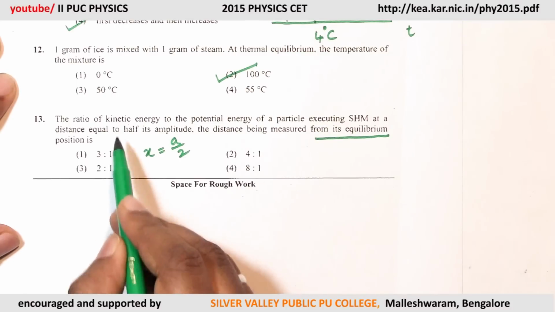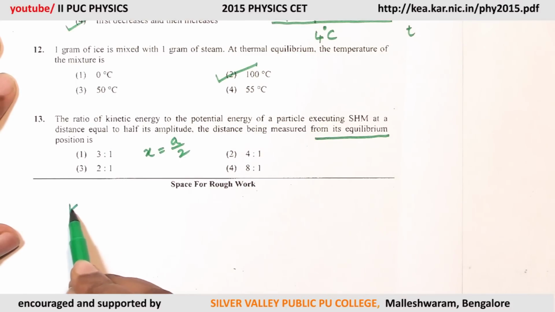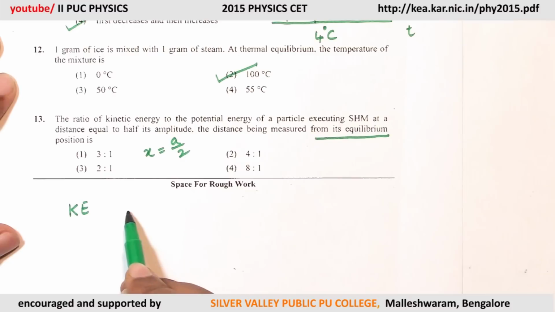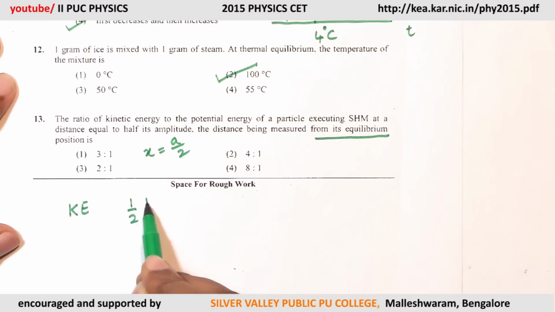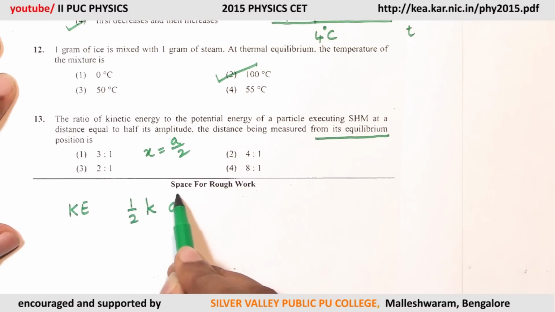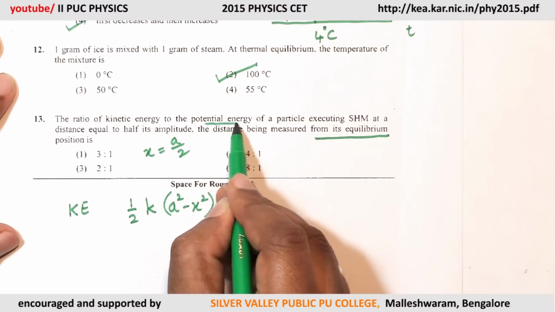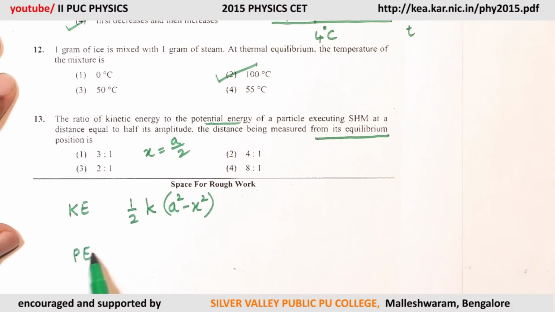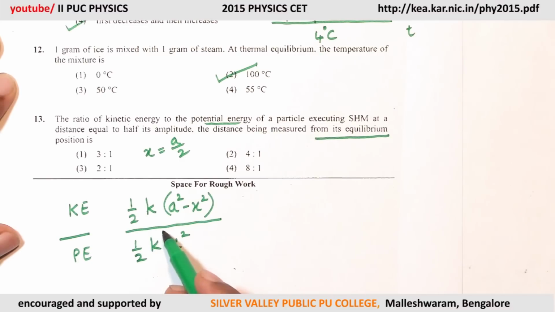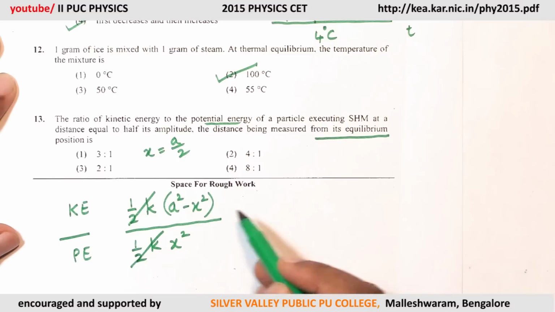Okay. Kinetic energy is given by half k times (a square minus x square), and potential energy is given by half k x square. Ratio of kinetic to potential means this. So half k cancels.